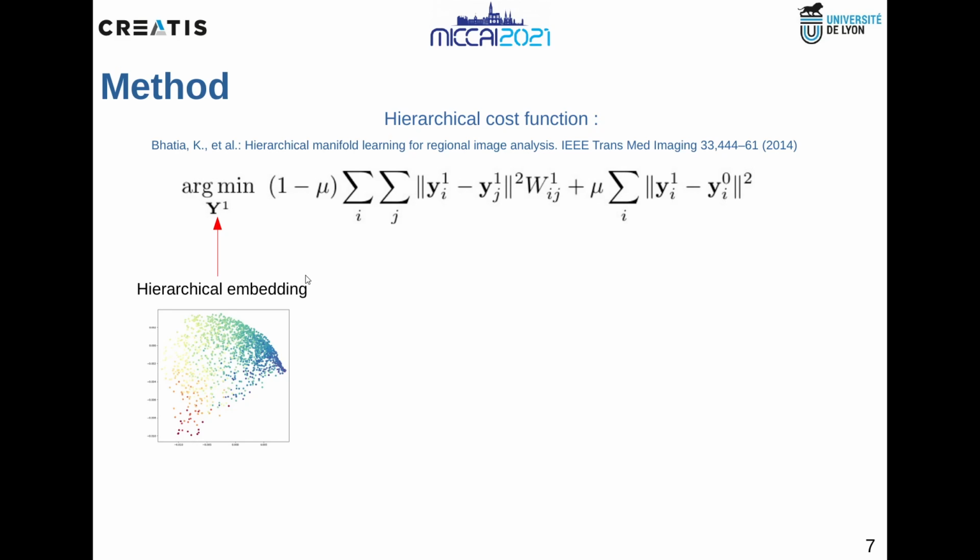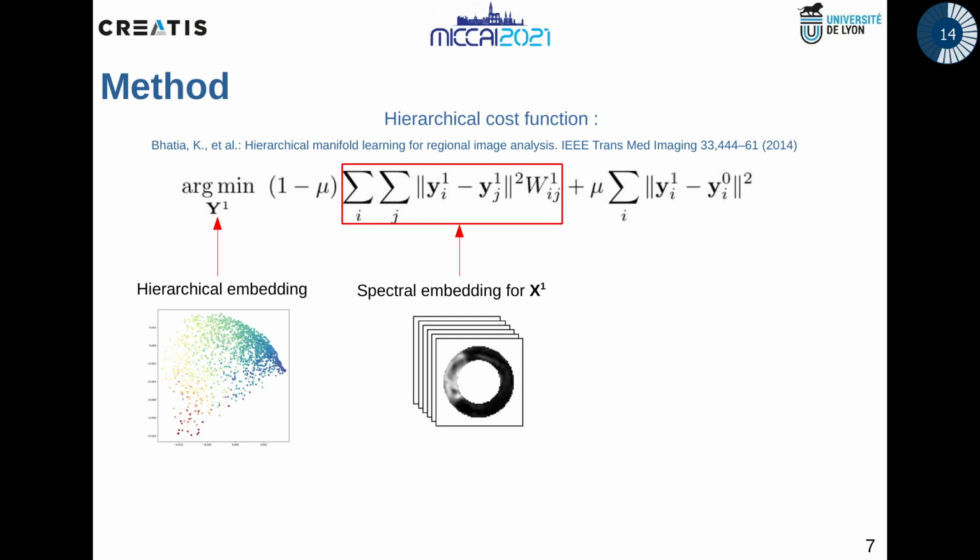y1 is the hierarchical embedding we are looking for. The first part of the equation is the spectral embedding for x1, which is basically using the affinity matrix of x1 to find the normalized graph Laplacian of this data.